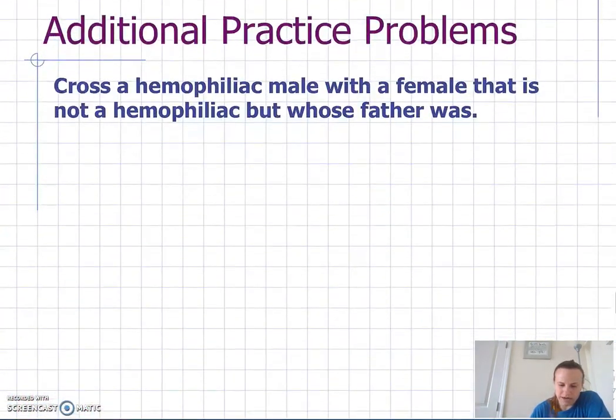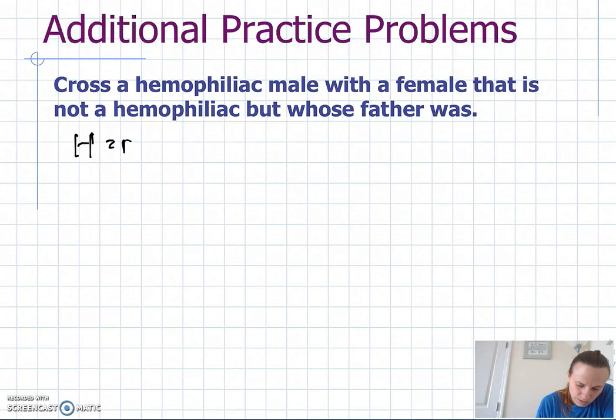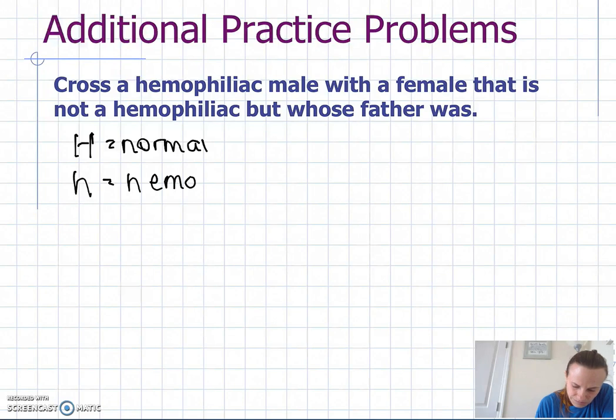Right, so let's look at another practice problem. A hemophiliac male with a female that's not hemophiliac. I'm going to say capital H is normal and lowercase h is hemophilia.